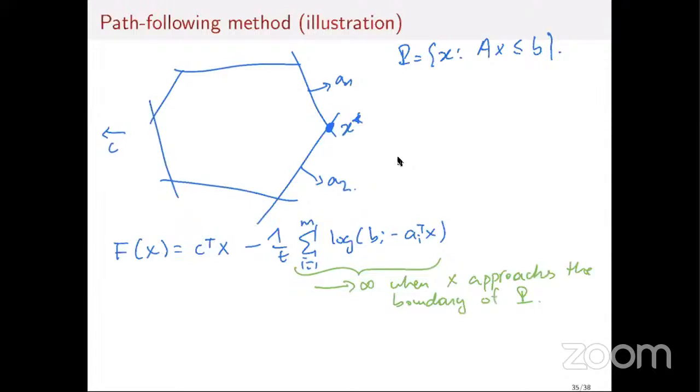Okay, so if I were to draw the level sets of this function f of x, so these are the sets where f takes a constant value, what you will see typically is something like this. The value in the middle is small, and then it keeps growing and reaches infinity at the boundary of P. So you really should think of some kind of a ball that reaches infinity at the boundary.